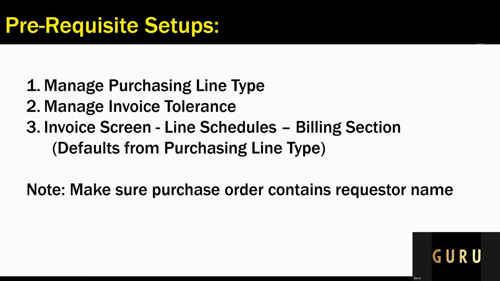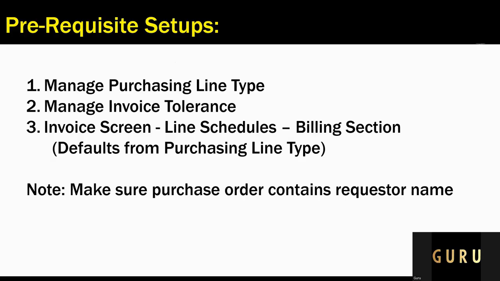And number 2, manage invoice tolerance. If you want to achieve the three-way matching, you should define how much tolerance we can give for the received quantity or price variance, etc. Everything has to be defined at the invoice tolerance. Otherwise, your three-way matching will not be successfully achieved.